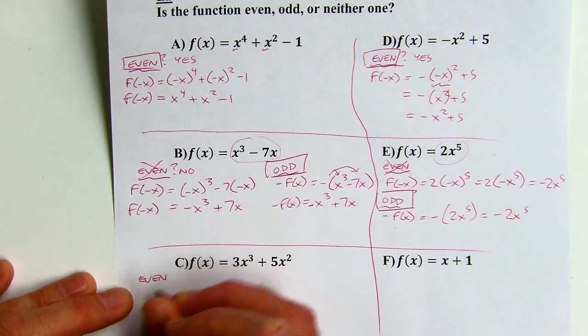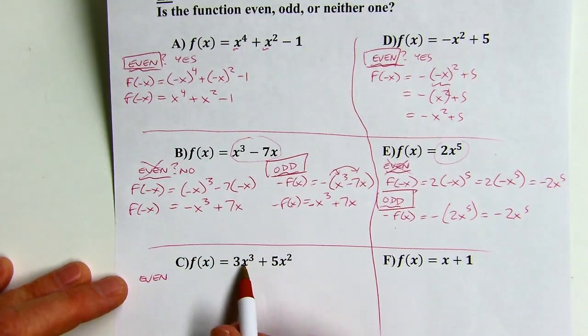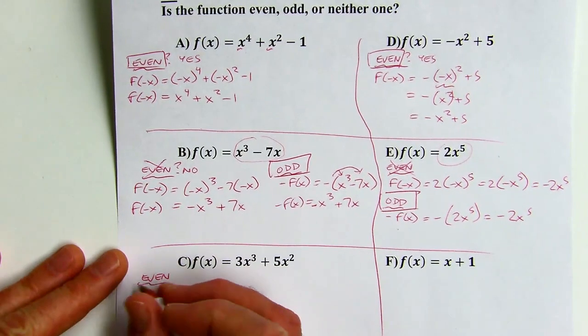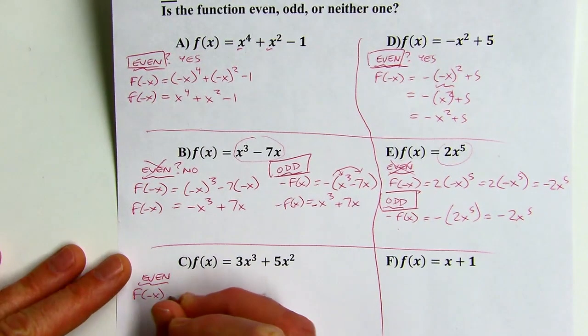So let's check if this is even. Looking at this, you might think, oh, that's going to be odd, but let's check it out. So f of negative x.